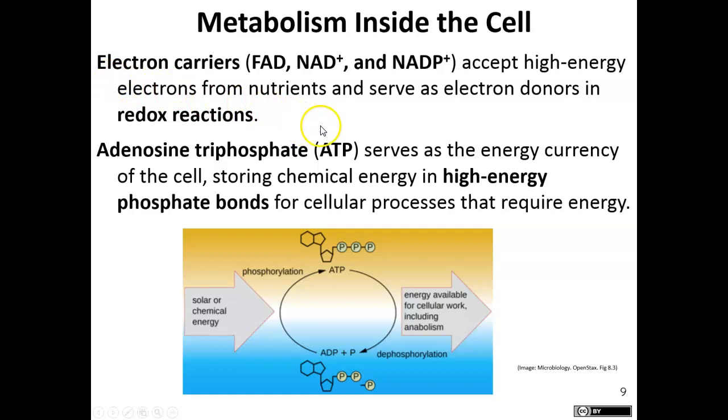In metabolic pathways, we have to have special helper coenzymes. So coenzymes are helpers to different metabolic pathways. And in the metabolic pathways here, we're going to be talking about 3 coenzymes: nicotinamide adenine dinucleotide, flavin adenine dinucleotide, and nicotinamide adenine dinucleotide phosphate.